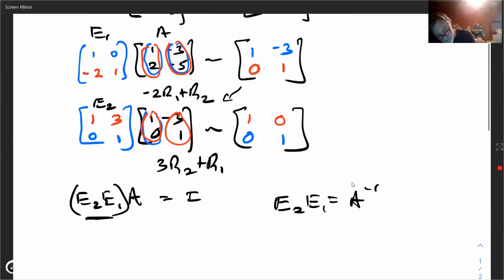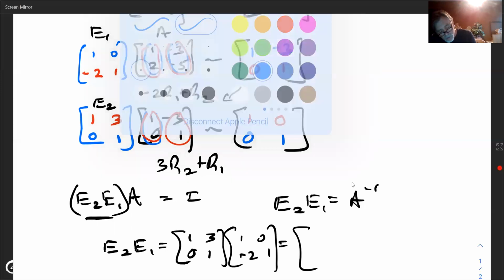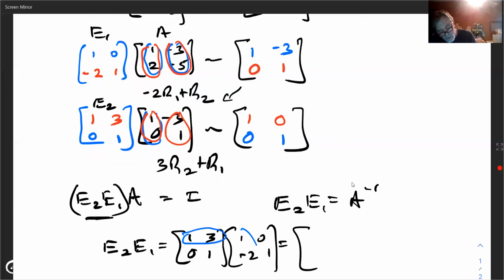What does it look like? Let's look at it now. So what happens when we take E2 times E1? Let's see. E2 is 1, 3, 0, 1, and E1 is 1, 0, negative 2, 1. So do the product. That means this guy is going to multiply with the columns here.